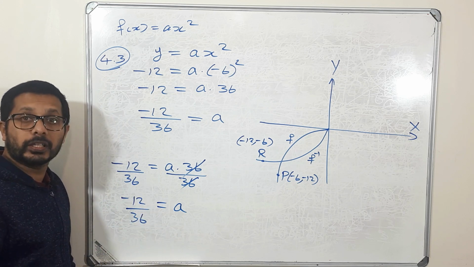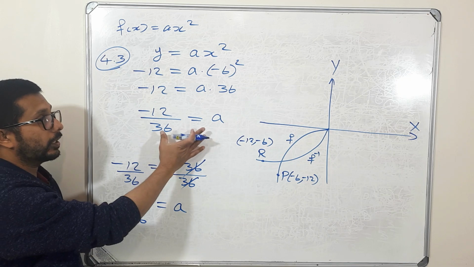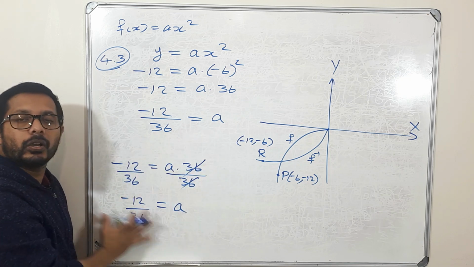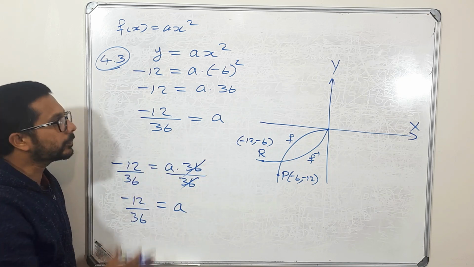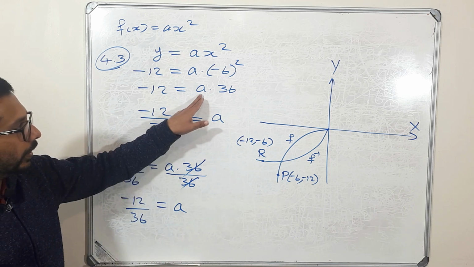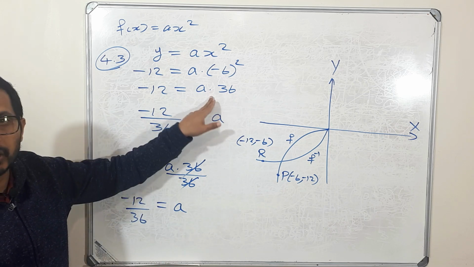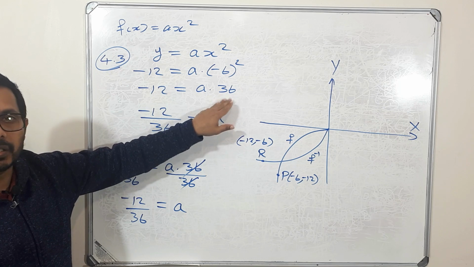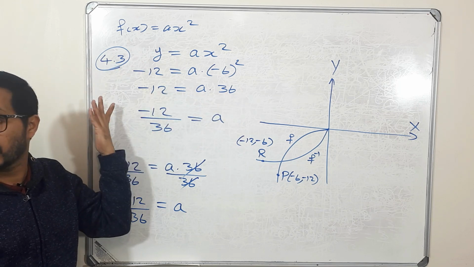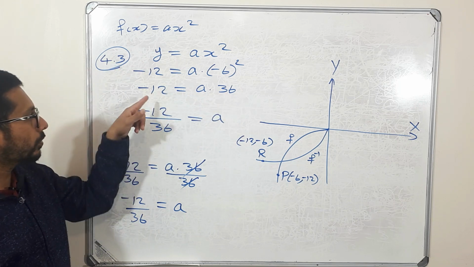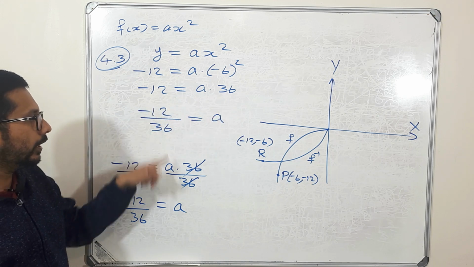Okay, you are in grade 12. You have to understand from this step without writing all these steps. So from here, a is equal to, since here it is multiplication, if I want to take this 36 to this side, it is division. That's all you want to remember. So it is -12 divided by 36.